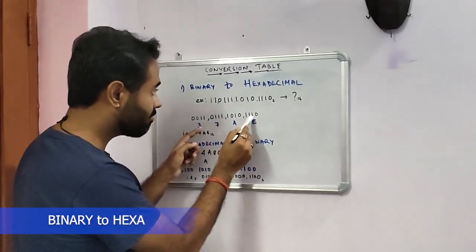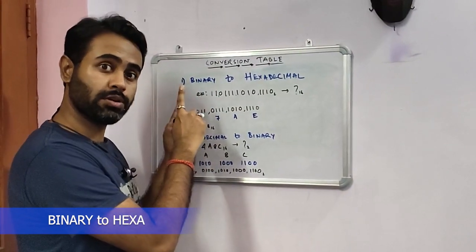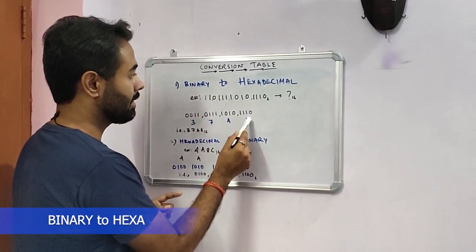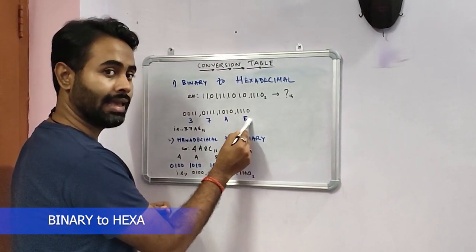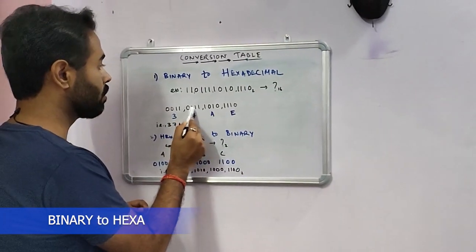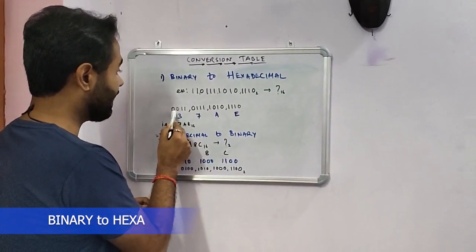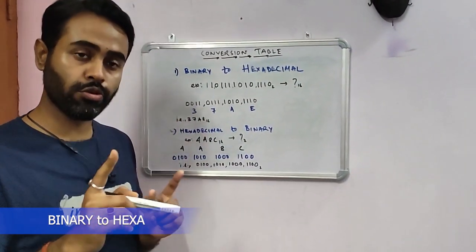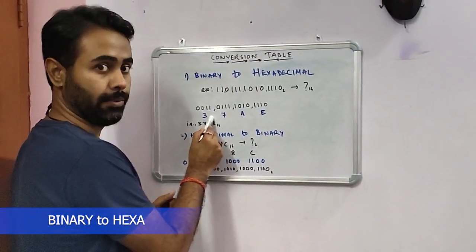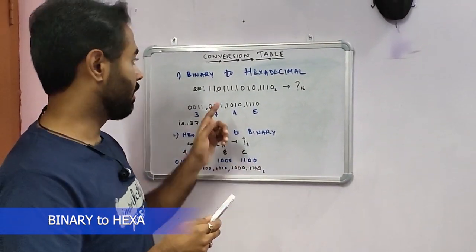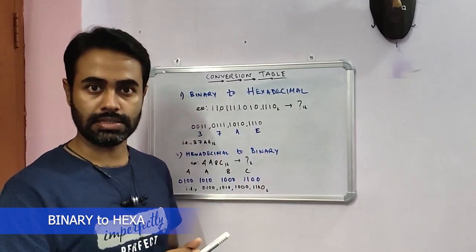Now the corresponding values of this binary with respect to the table that I showed previously: 1110 has E as the corresponding hexa value, 1010 has A, 0111 has 7, and because we have put 2 more zeros to form one more 4-bit group, it is 3. So we have 37AE base 16 as the value corresponding to the binary in this conversion.